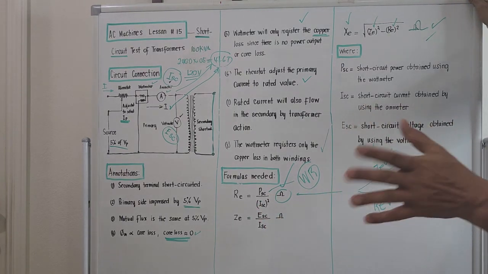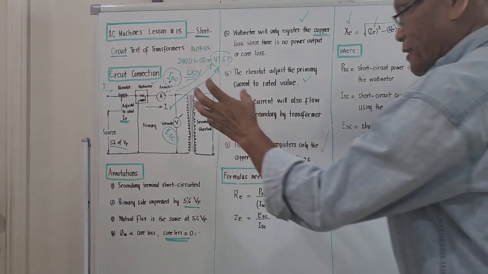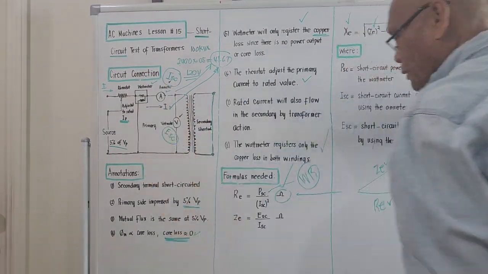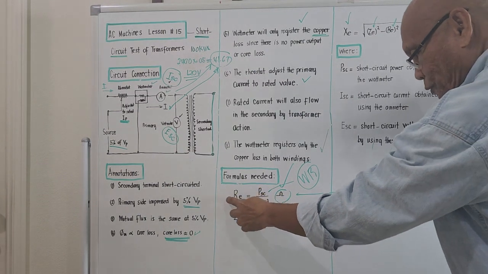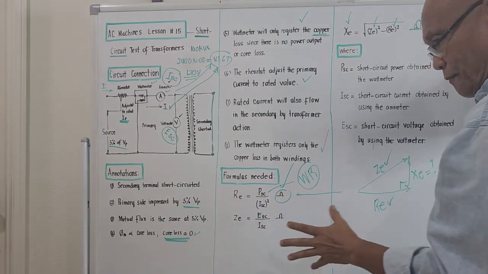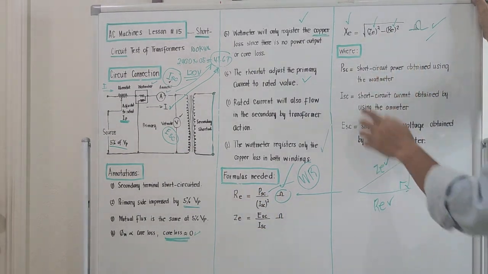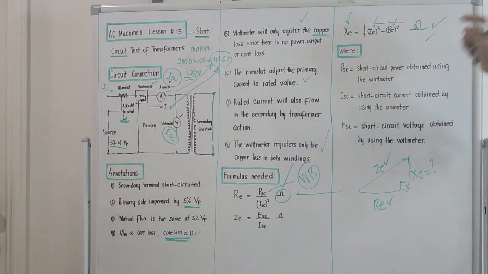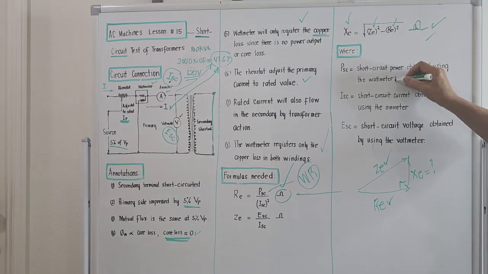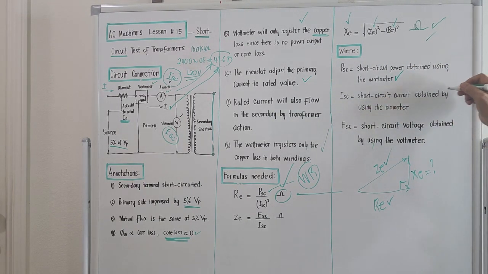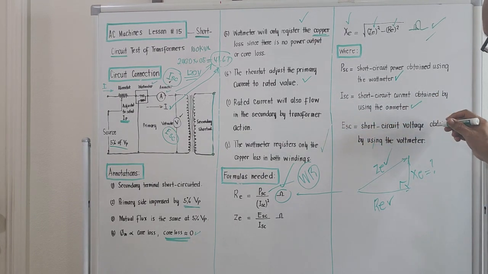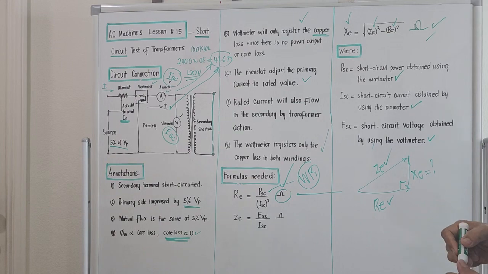So for a short circuit test, by using the reading of the wattmeter, ammeter, and voltmeter, we could compute for RE, we could compute for ZE, and by using this formula here, we could compute for the inductive reactance of the winding. Okay? Where PSC is the reading of the wattmeter, I short circuit is the reading of the ammeter, and E short circuit is the reading of the voltmeter.